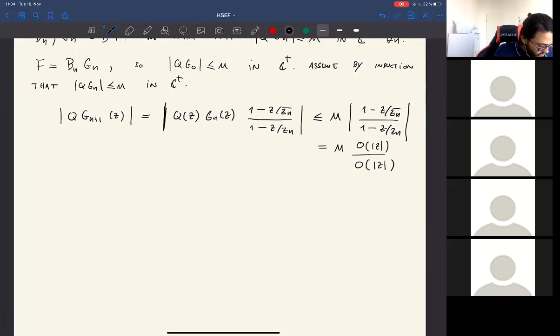So let me assume that we take Z equals X plus IY, and Y I will fix for now as some number H, which, oh, this should be plus 1, of course. So maybe I should go from n minus 1.